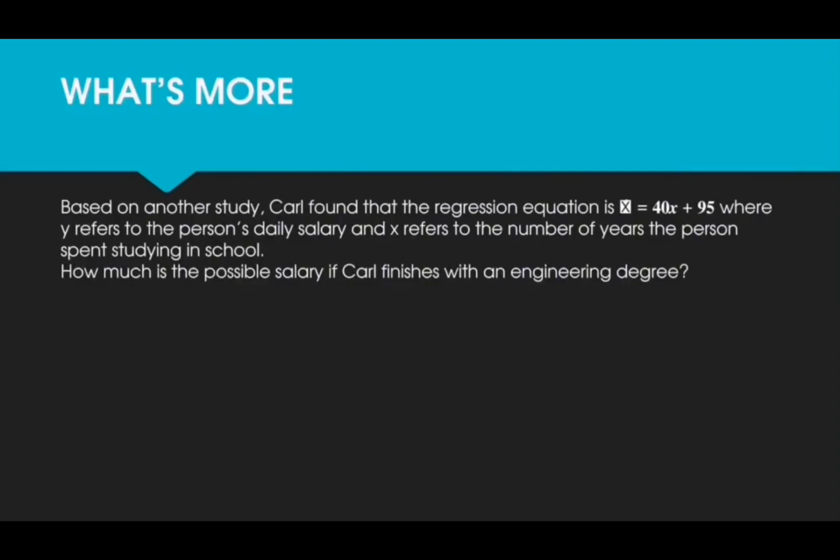What's more, based on another study, Carl found that the regression equation is y equals 40x plus 95, where y refers to the person's daily salary and x refers to the number of years the person spent studying in school. How much is the possible salary if Carl finishes with an engineering degree?